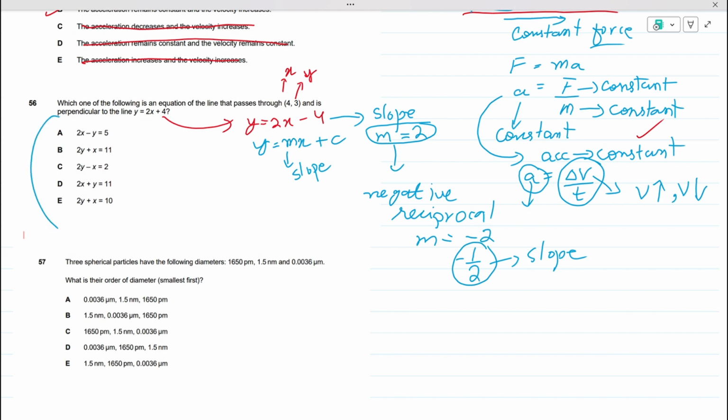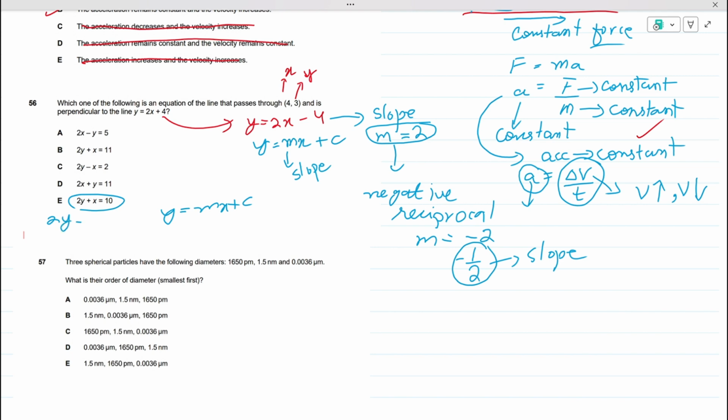So let's find the slope from each option first. If I start from here, I have to make it in the form y equals mx plus c, so I have to segregate y.